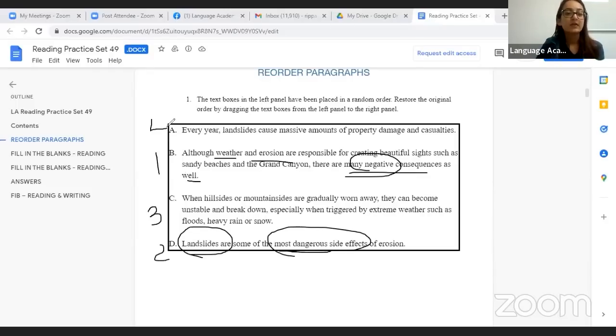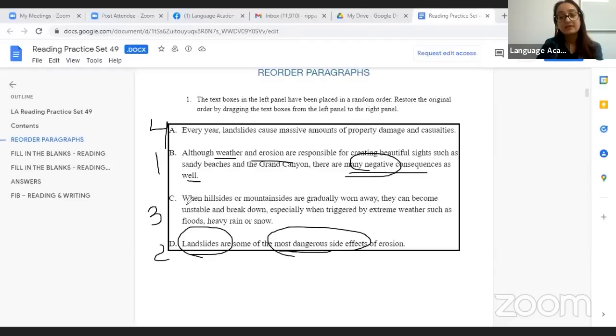And then you give facts. Every year, landslides cause massive amounts of property damage and casualties. That is additional information. Then how many landslides happen in a year? That will be factual information. But the definition comes right after the introduction. Explanation comes after introduction, and then the facts come one by one. Right?